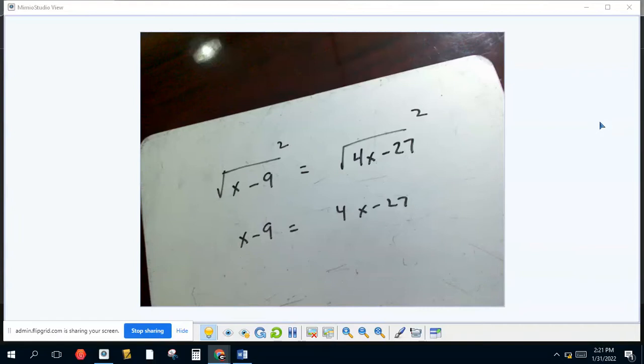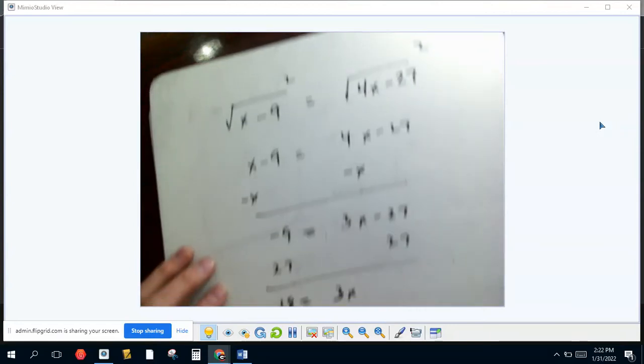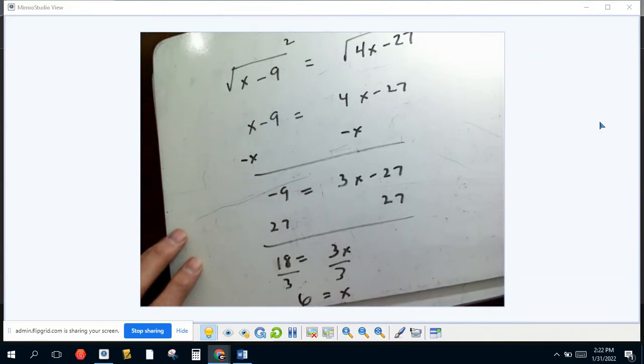And the radicals happen to go away at the same time, which is nice. Now I can just solve. Let's see, add 27. So x is equal to 6 in this case.